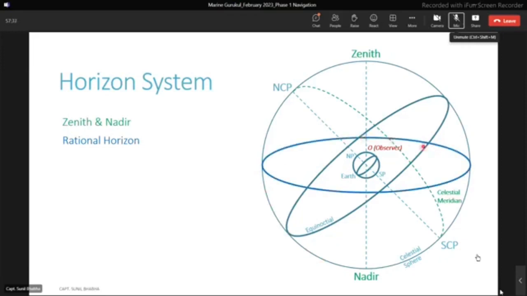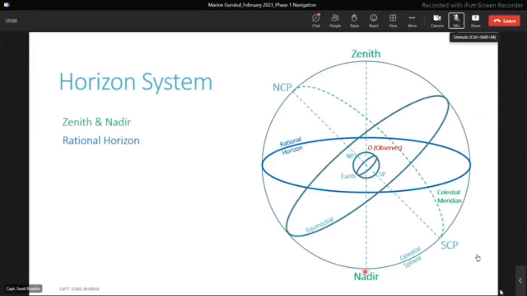You can see this blue color great circle represented in the diagram as the equinoctial. Sorry, as the rational horizon. My mistake.